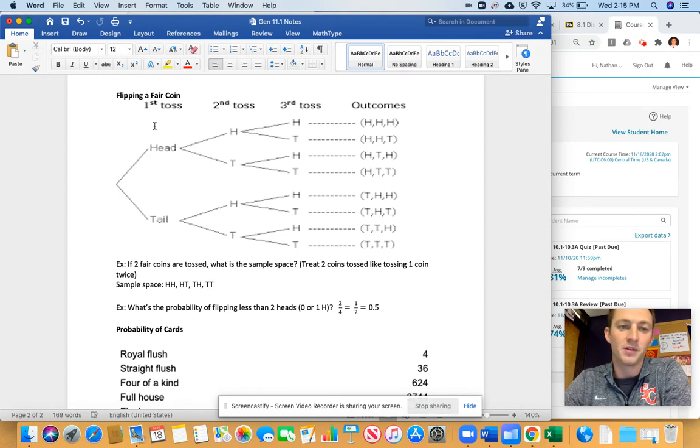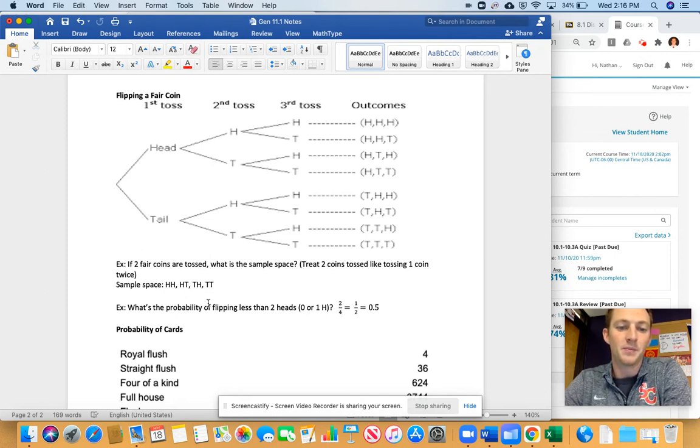If we flip it twice, we're only going to use the first 2 rows, and we could either flip a head or a tail, and then either a head or a tail. So it could be head head, head tail, tail head, or tail tail. That's our sample space right there. It's just all the different combinations that we could flip.